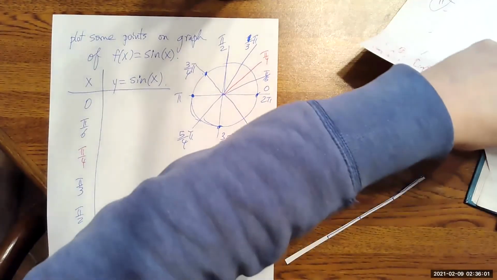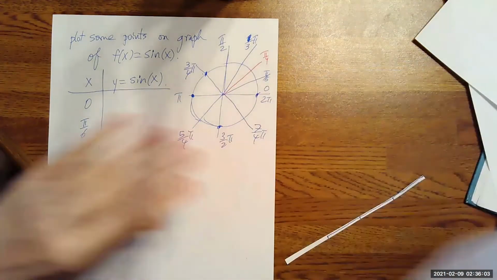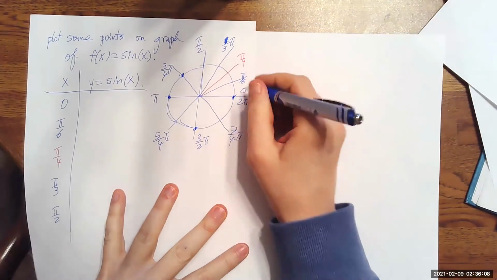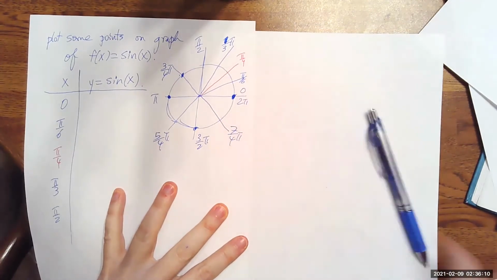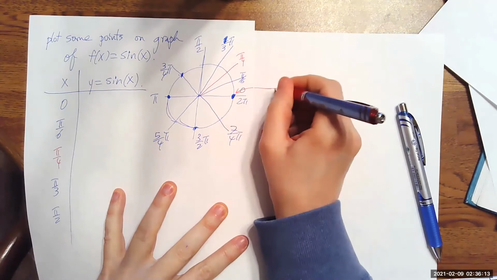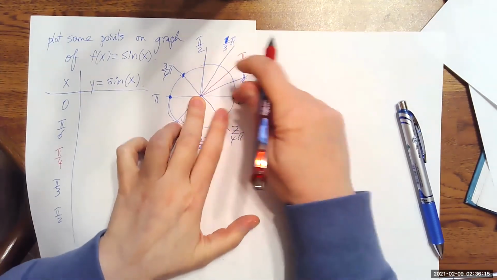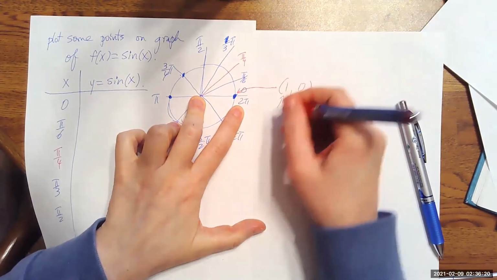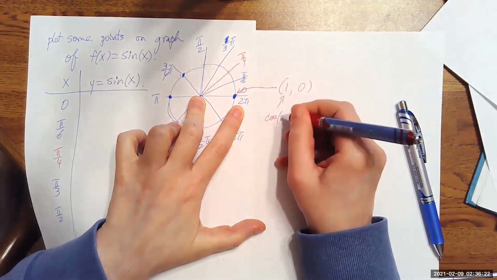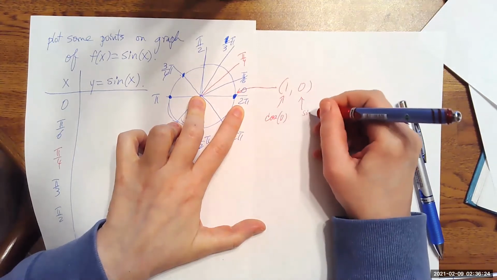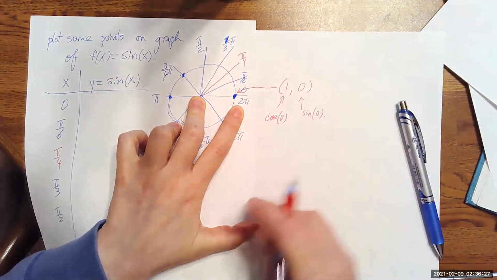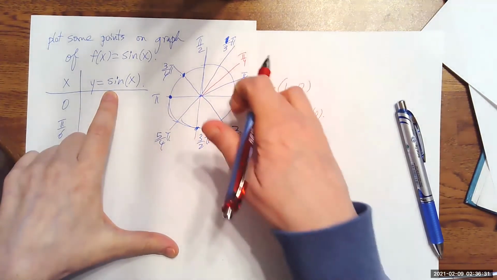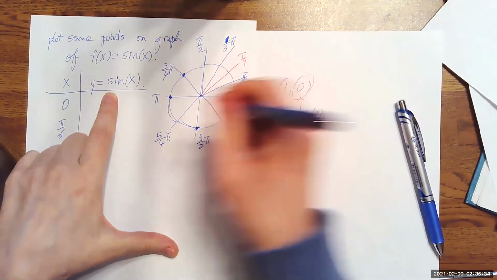Looking at the angle 0, we can find the coordinates of this point. It is over 1 and up and down 0. So there's the cosine of the angle 0, and there's the sine of the angle 0. So the sine of 0, the second coordinate there, is just 0.